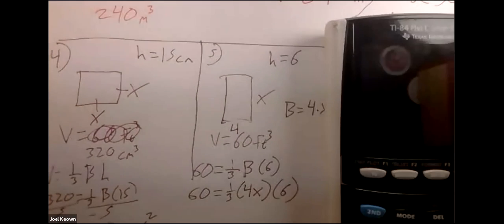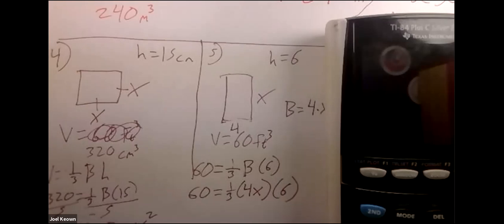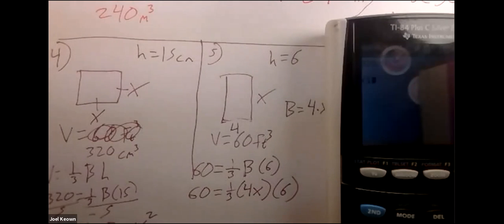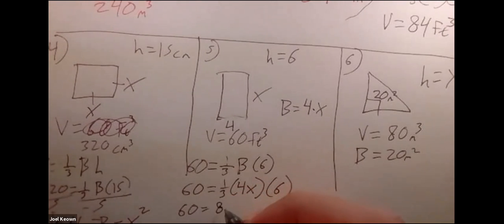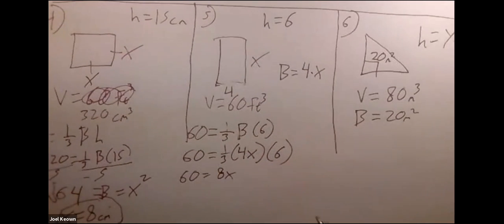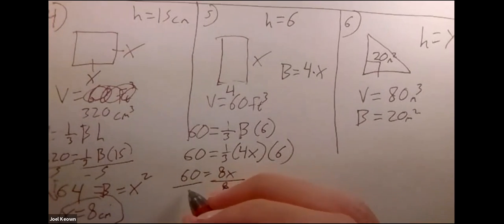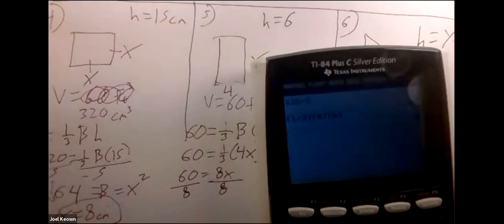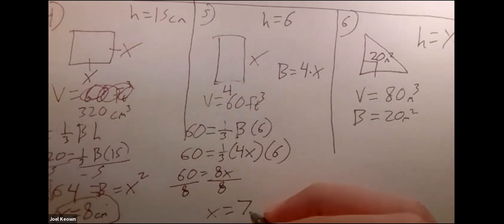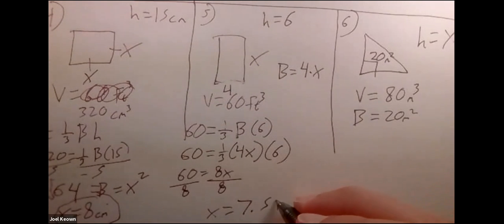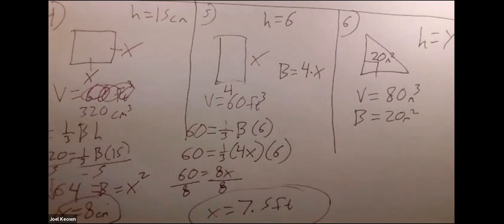So let's plug those in. 1/3 times 4 times 6 is 8. So I get 60 equals 8x. Divide by 8. 60 divided by 8 is 7.5. So I get x equals 7.5, and we're in feet.